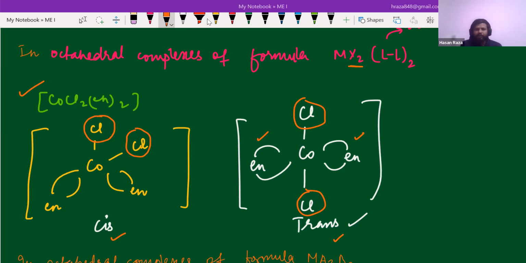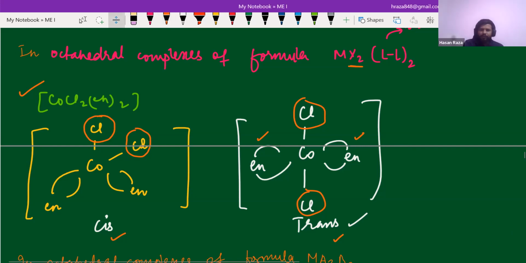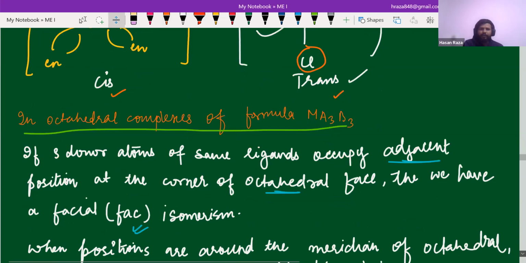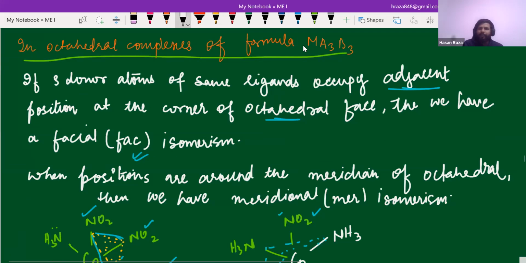Now, are you done with this? Yes, sir. Okay. So this is the first type. Then comes the second, octahedral complexes of the type Ma3b3, where all are single unidentate ligands. There are two types: facial and meridional isomerism.